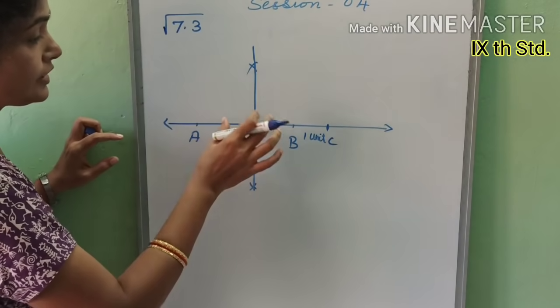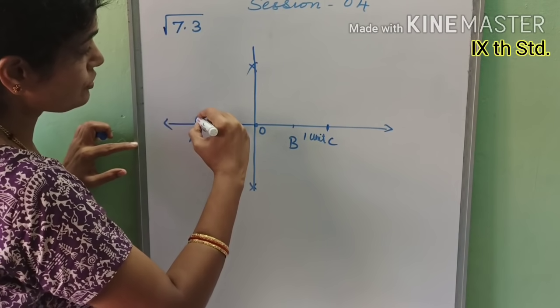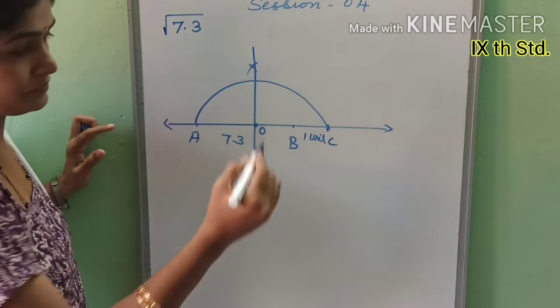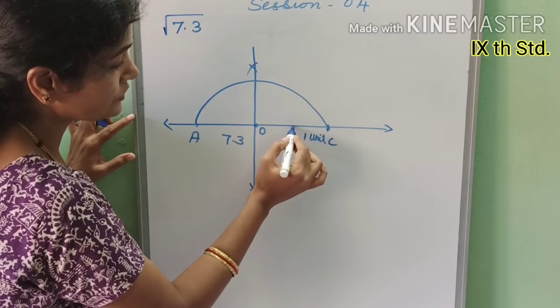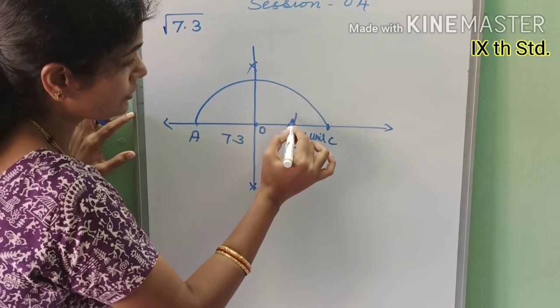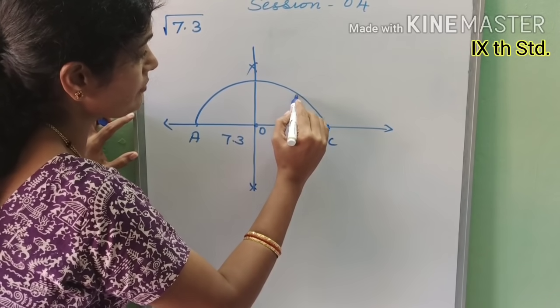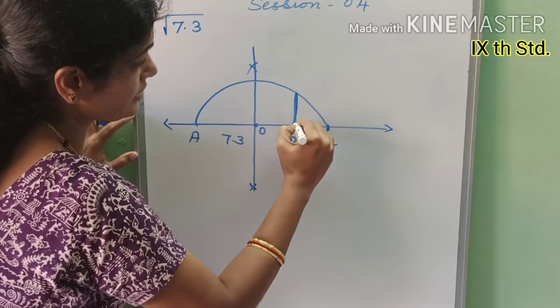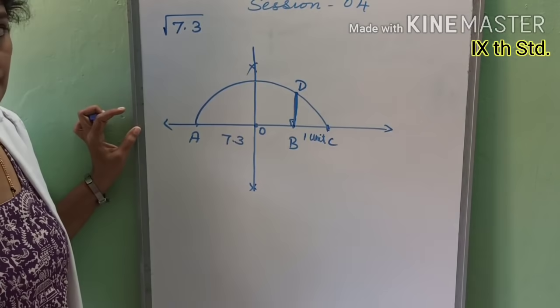Then with OC or OA as the radius, you are going to draw a semicircle. Then from B, you are drawing a perpendicular to this semicircle, which is intersecting it at point D. This is 90 degrees here.